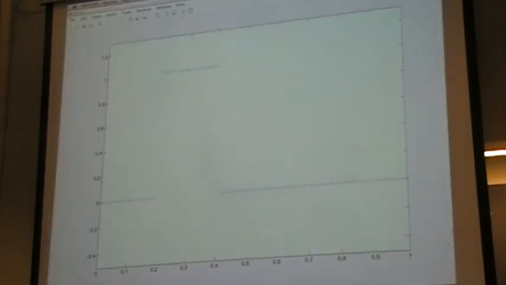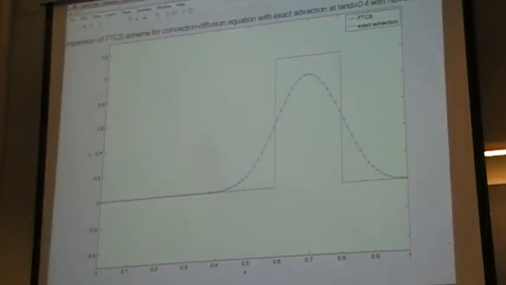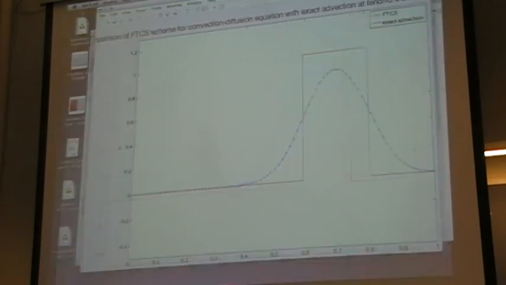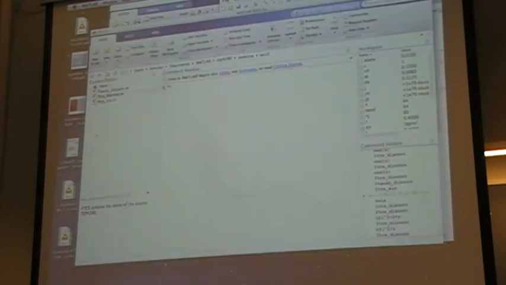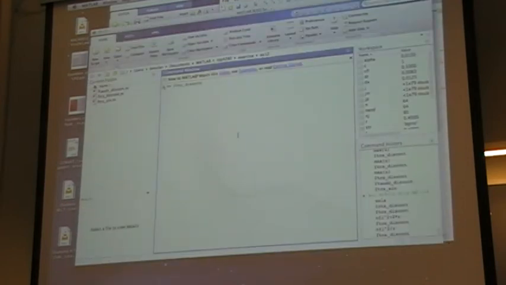That is now with 80 points, 80 plus 1 together. So that is then behaving in a stable way. Let us check now the Peclet number for that one.